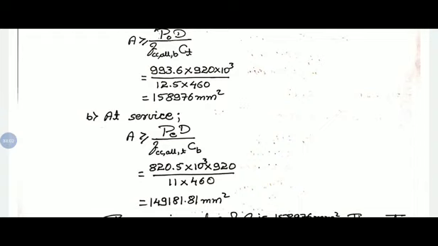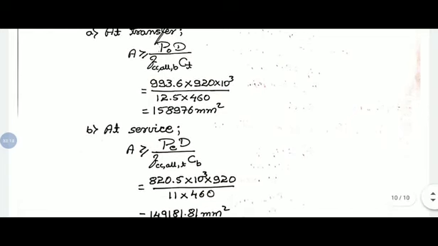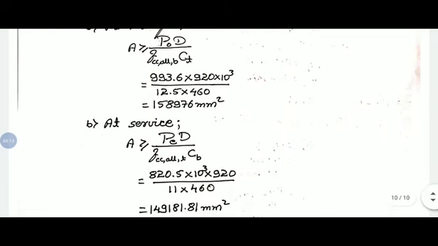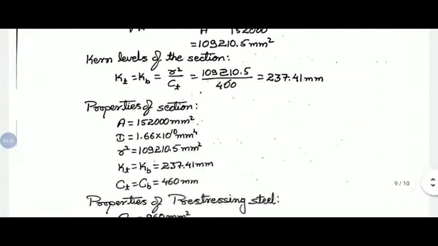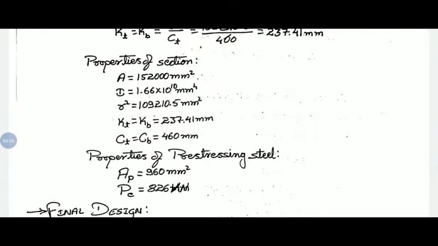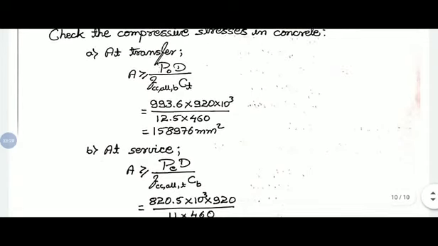We will get 1,49,181.81 mm square. So you can observe here, at transfer stage you have 1,58,000 and at service we have 1,49,000. But the section we have provided is 1,52,000 mm square. So it is less than the area required at transfer. So we need to redesign the section.